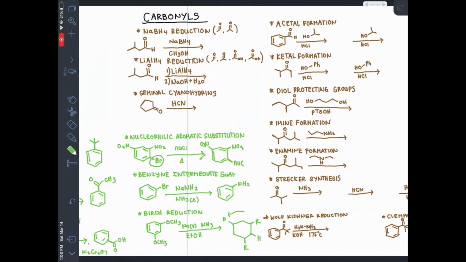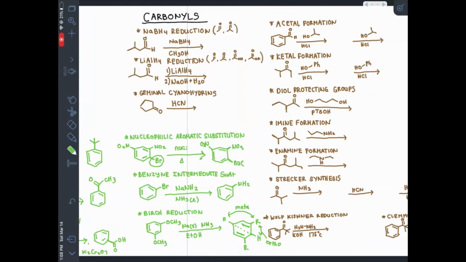And so in this case, this is meta, okay? And in this case, this is ortho, okay? So we add those hydrogens, and then we're going to create two double bonds that are parallel to those hydrogens that we just added, okay? And so in this case, just note that we're going from an aromatic compound to a non-aromatic compound.